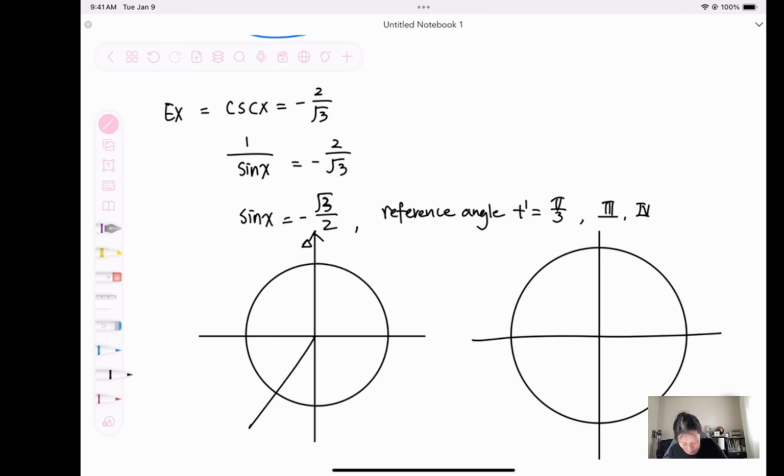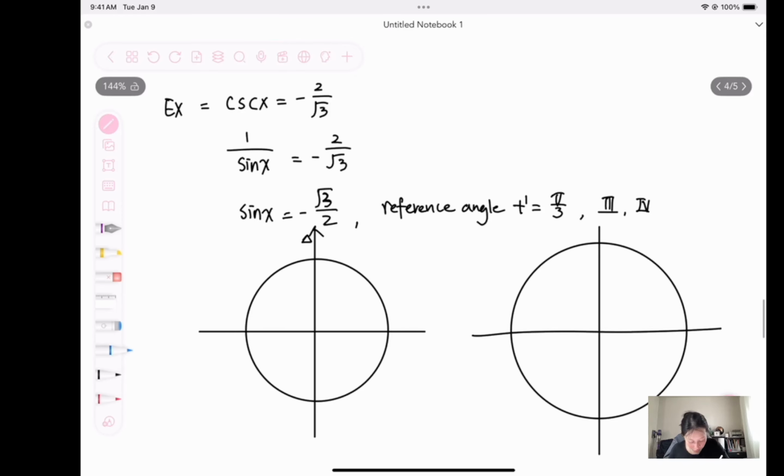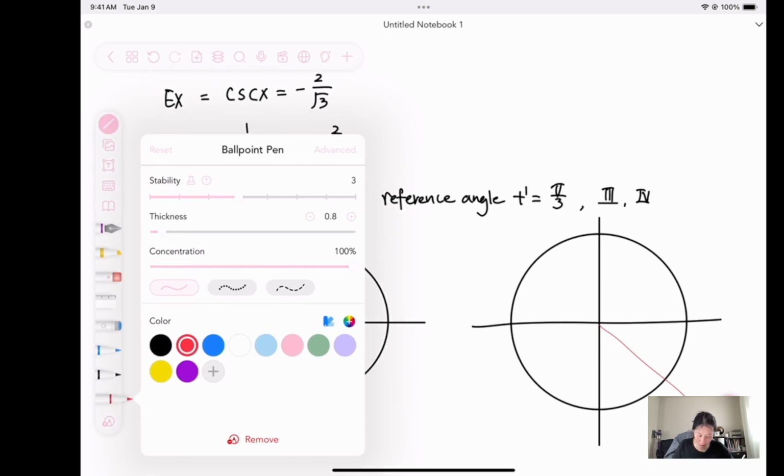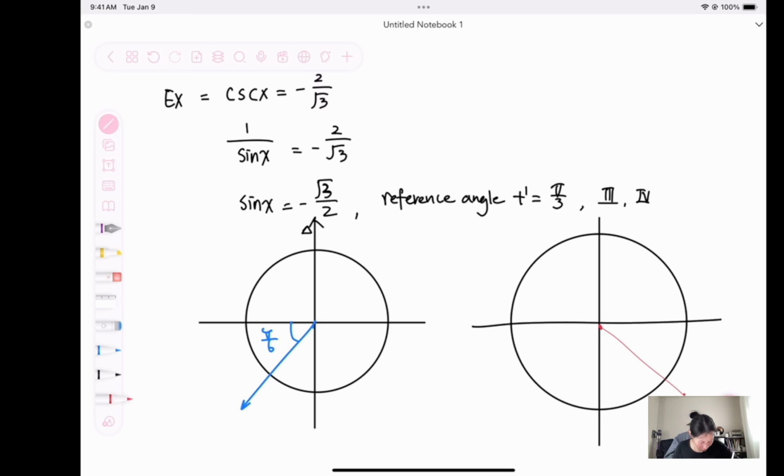That means 60 degrees. Let me use a different color. For this one, with the reference angle in the third quadrant, the second solution, let me be a little bit thicker, the second solution is here, with the same reference angle. Okay, this is going to be the solution.